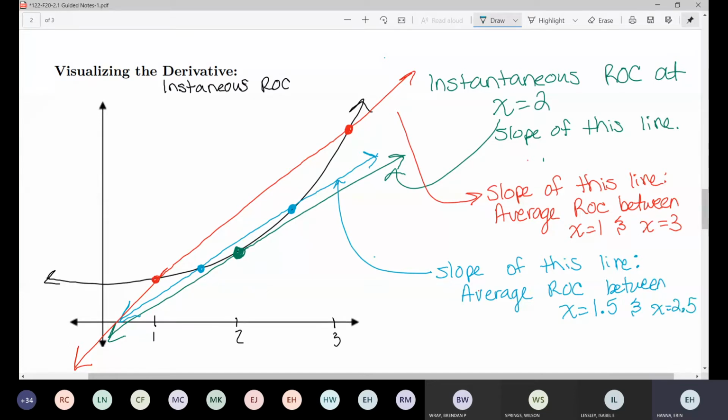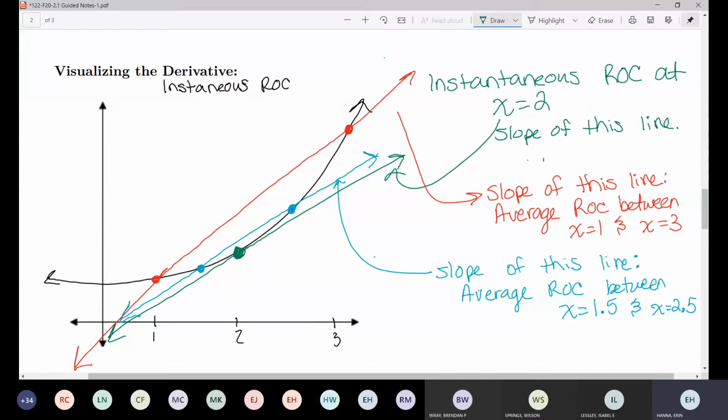And now that I've redrawn it, you can kind of tell that the slope of the blue line is closer to the value of the slope of the green line than the slope of the red line was. So the closer I bring those points to x equals 2, the better the slopes are going to match, if that makes sense. And I really wish we were in class and I could be pointing at a board.